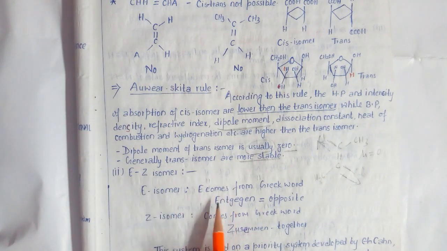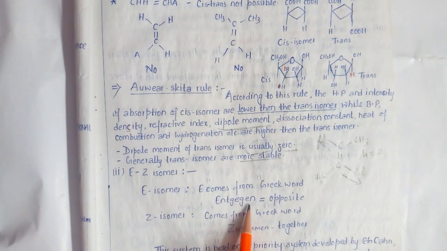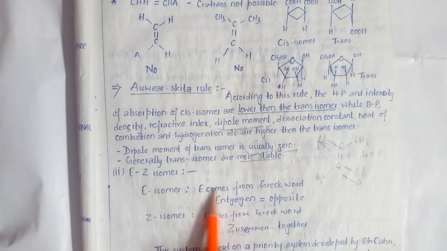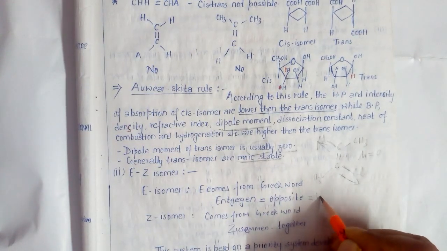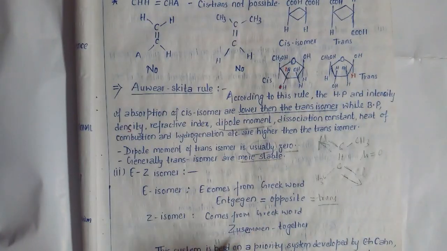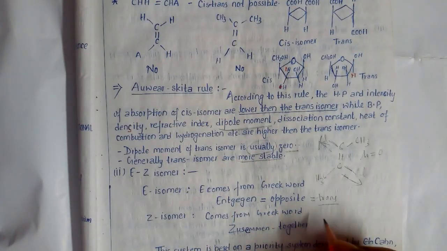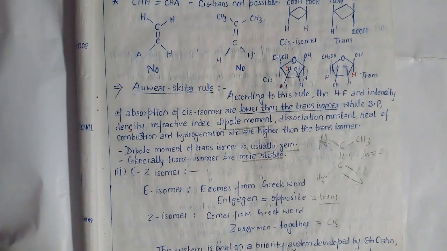E isomers, E comes from the Greek word entgegen, which means opposite, similar to trans. And Z isomers come from the Greek word zusammen, which means together, and it is equivalent to cis.